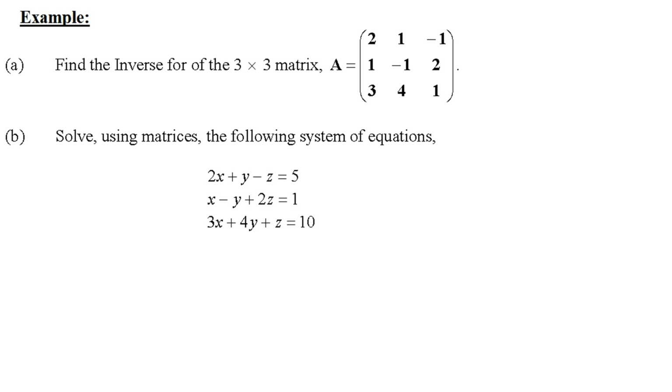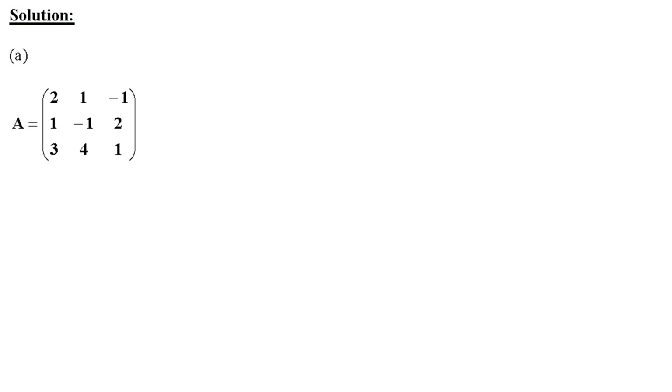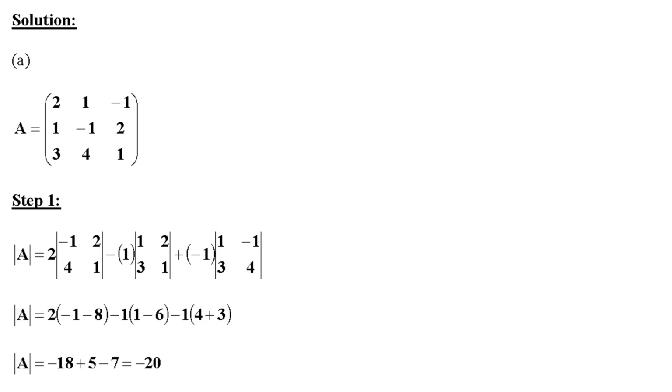Okay. Now in the previous video I showed you a way to work out the inverse of a 3x3 matrix, so this is one of the ways to working out the inverse. And step number one is to work out the determinant of your matrix. So this is what I did over here.